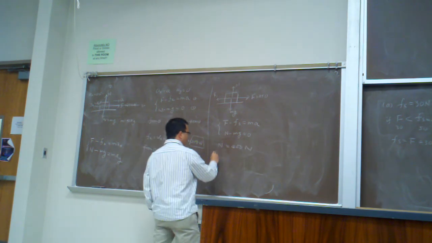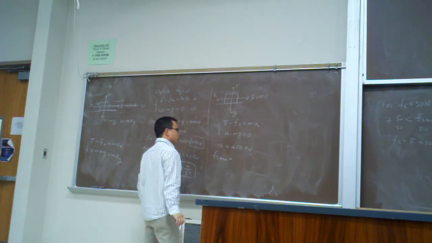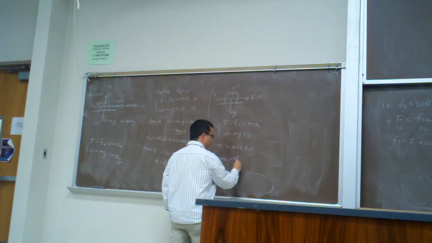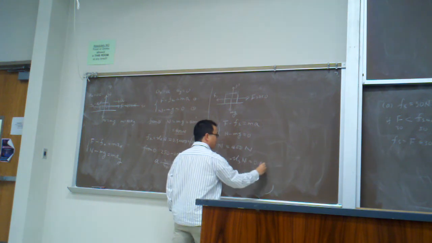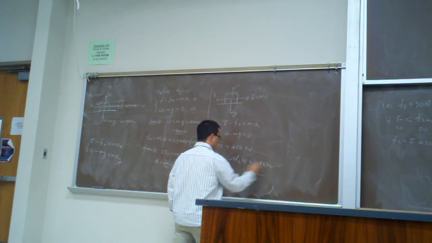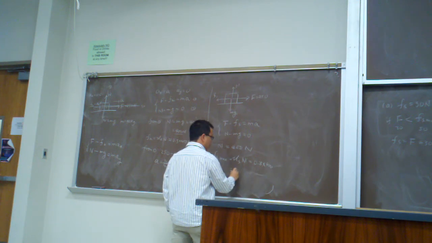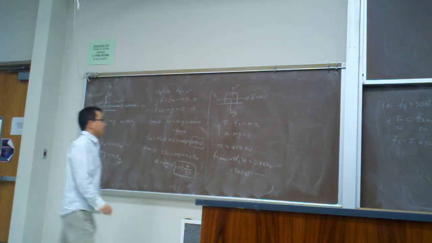And so Fs max should be mu s multiplied by N, so it will be 0.8 multiplied by 400 equals 320 Newton. Okay, so that's the Fs max.